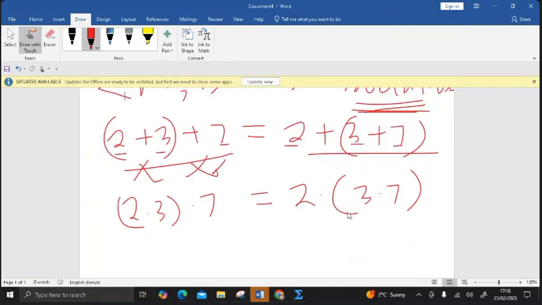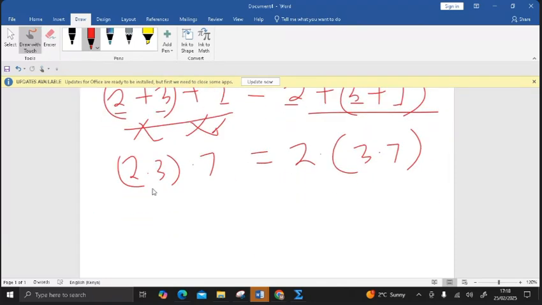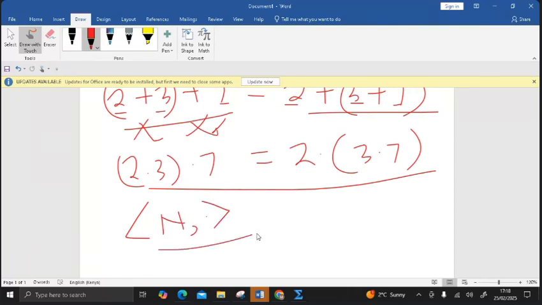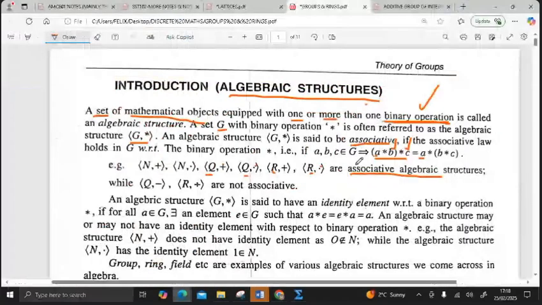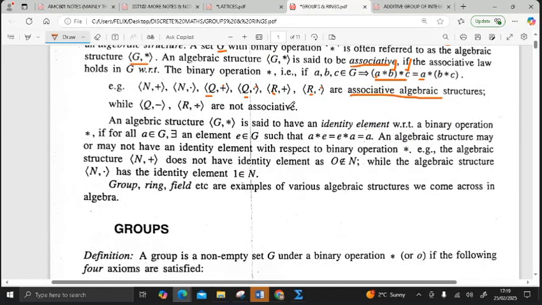And you can see this one gives us 42, and this one also gives us 42. So the set of natural numbers equipped with multiplication is also associative. That is what we mean by what is being said here. And we're told that an algebraic structure is said to have an identity element.